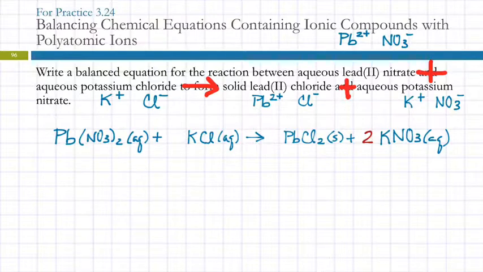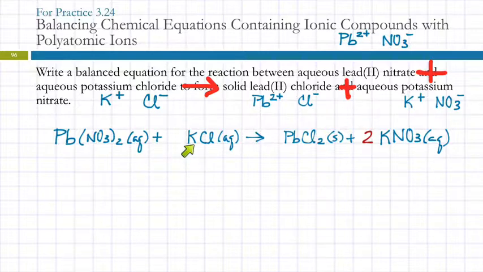If you look at nitrogen and oxygen separately, I have 2 nitrogens here and 2 nitrogens here, 6 oxygens and 6 oxygens. Well, what about the lead? Pb. How many on the left side? 1. How many on the right side? 1. So that one's good.